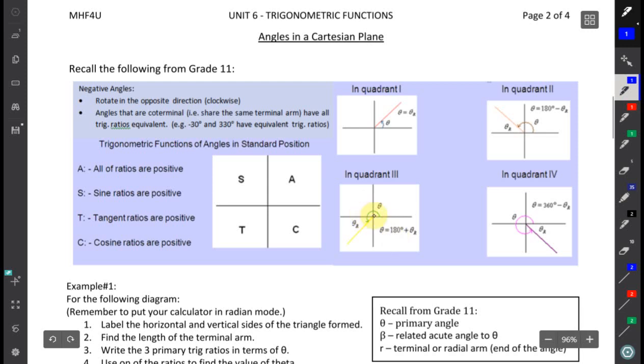So in this case, this angle would be 180 degrees plus the angle beta. And in terms of radians, this would be pi plus theta, or what we would call beta here.